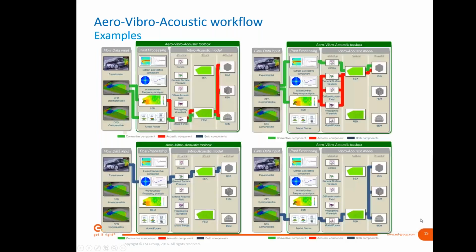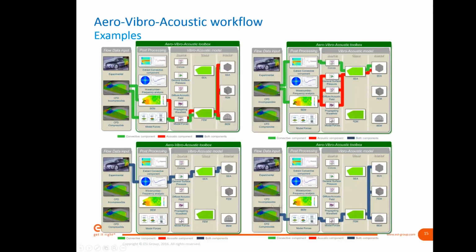So there are different workflows that are possible depending on your frequency domain, on the methods you target, and also from your input data. So I won't get into detail for this one.